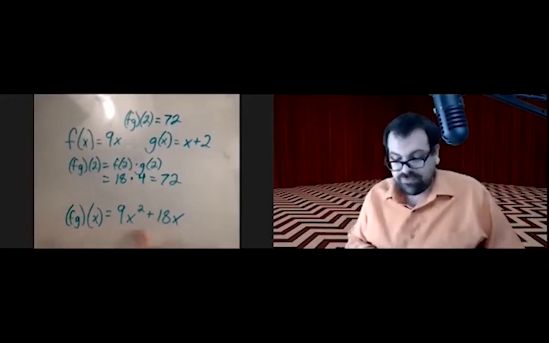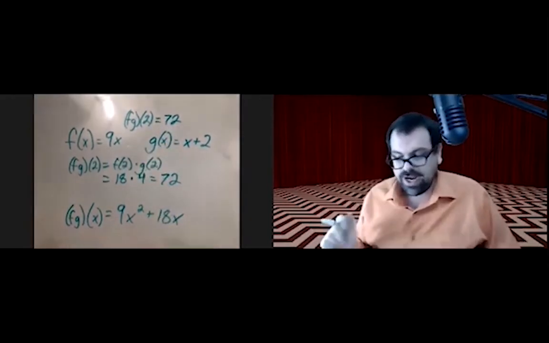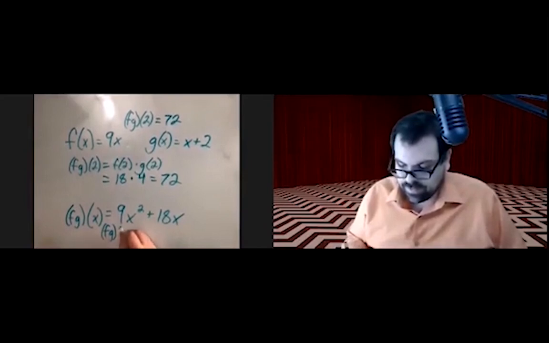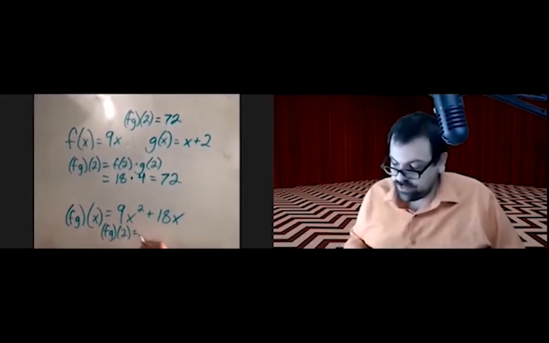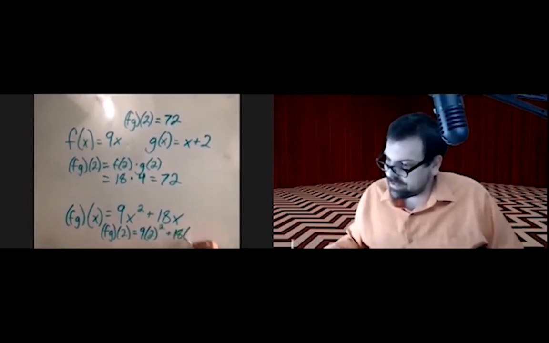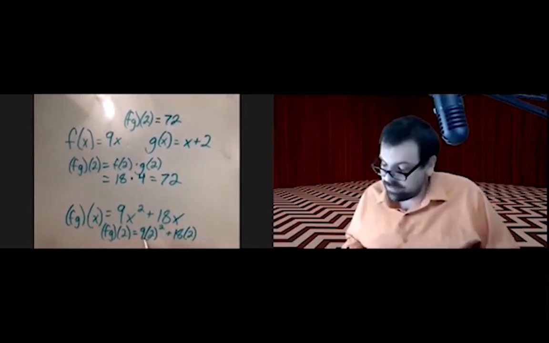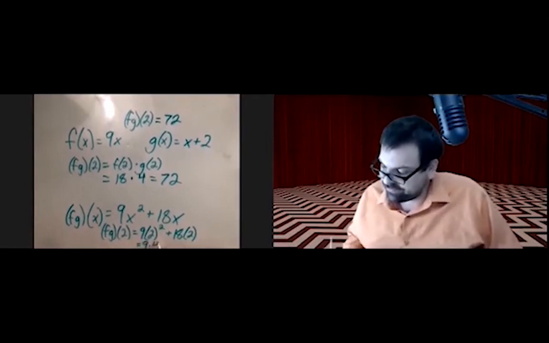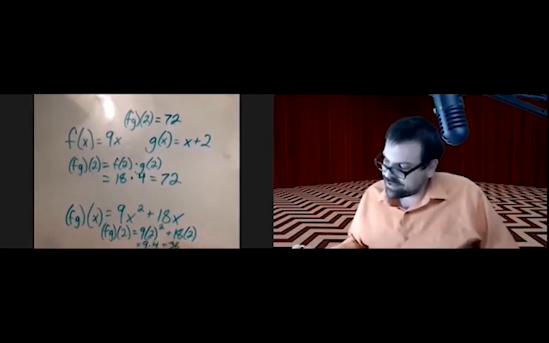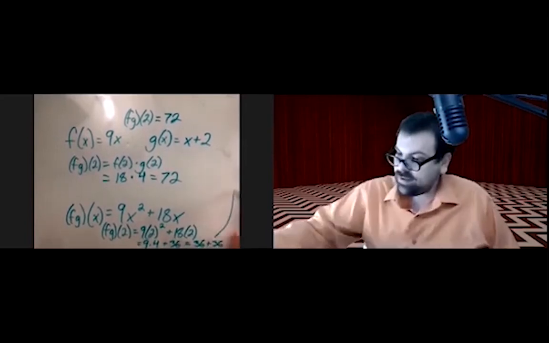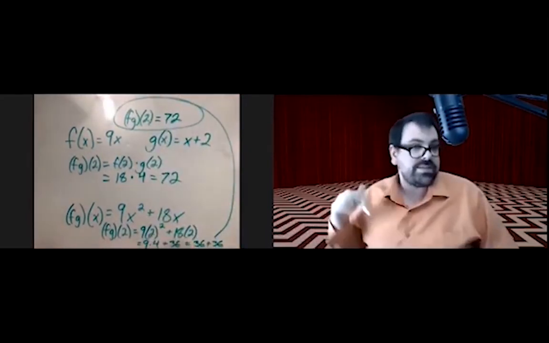Well, guess what? If we have the function fg of x, we can just plug 2 right into that. Fg of 2 would be 9 times 2 squared plus 18 times 2. That would be 9 times 4 plus 36, which would be 36 plus 36, which is, guess what? 72.